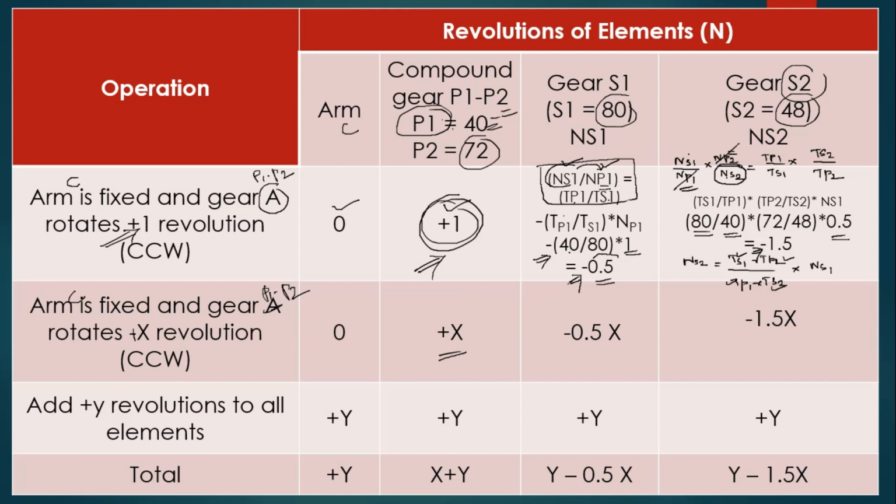So here plus X. Here minus 0.5 into X, and here minus 1.5 into X, then add Y revolution to all the elements in order to form the equation, then add these two.